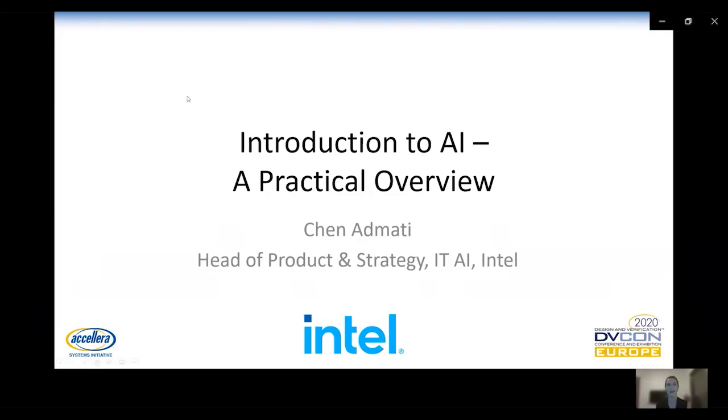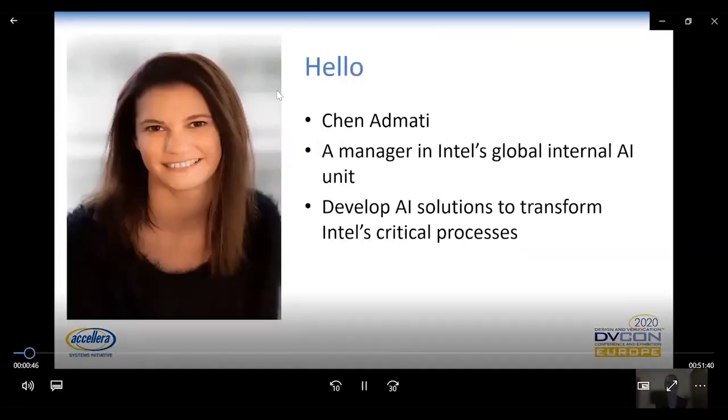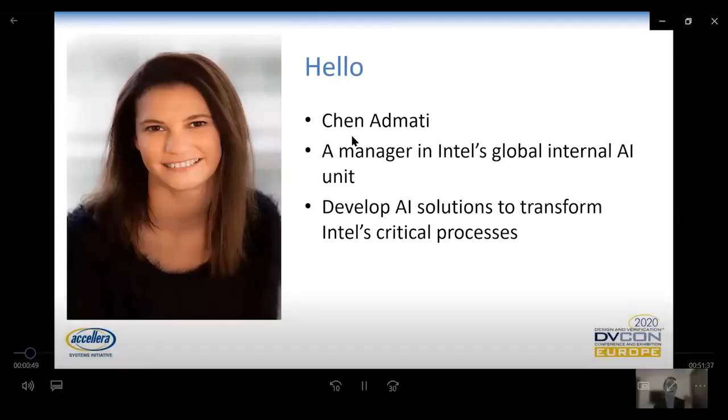My name is Chen Admati, and I work at Intel, and I'm part of Intel's global internal AI unit. Our role at Intel is to transform the critical work and critical processes that Intel applies in order to optimize them using AI.